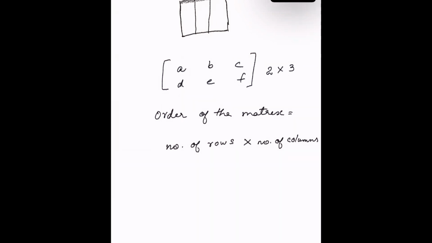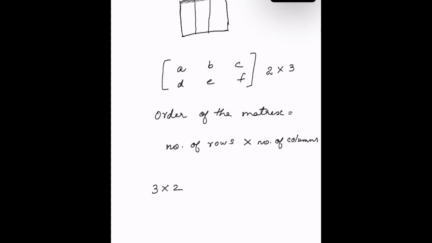Now, you cannot interchange it. You cannot write the number of columns first and then the number of rows. That's not allowed. Always the number of rows comes first, then the number of columns. This order is very important.